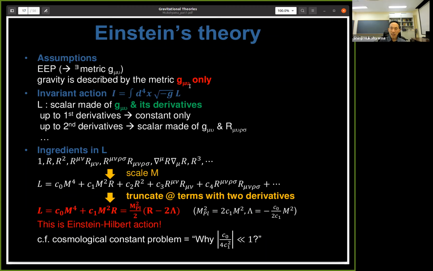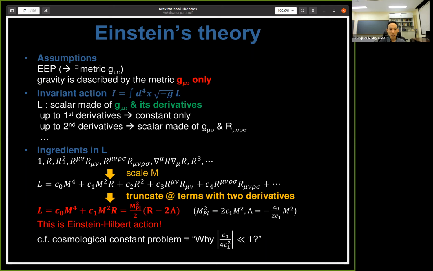So the ingredients in this scalar L are as follows. First, a constant, 1 multiplied by some coefficient, and the Ricci scalar squared, the Ricci tensor squared, the Riemann tensor squared, and the derivative of the Ricci scalar squared, and so on. There are an infinite number of possibilities, but if we order them according to the number of derivatives, we know which among them are important.